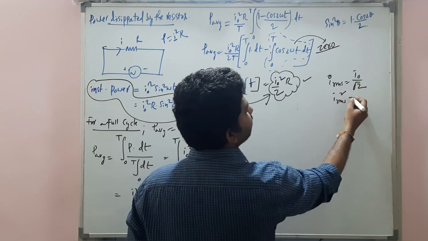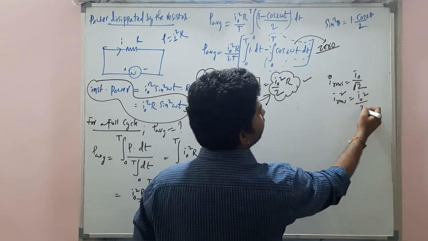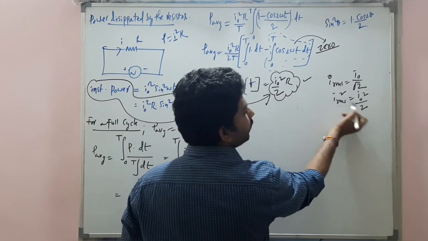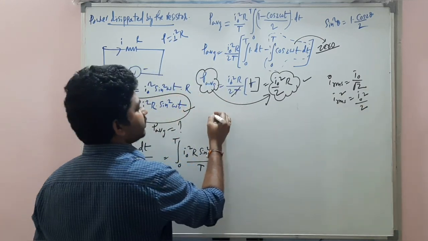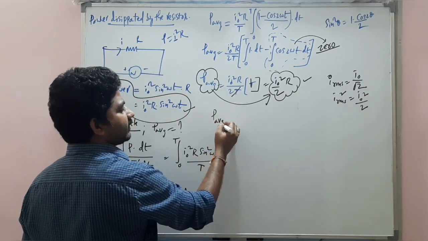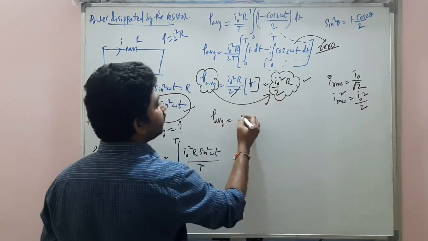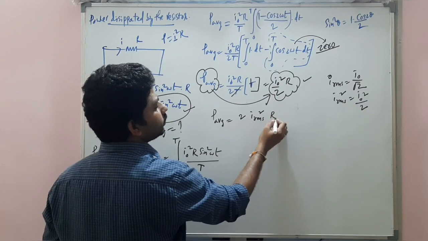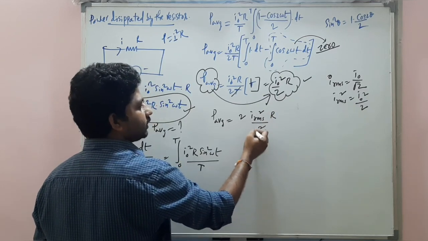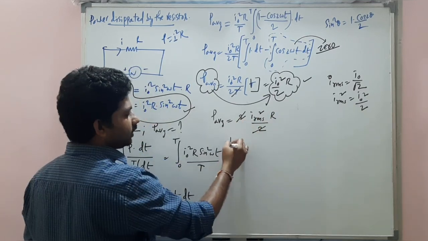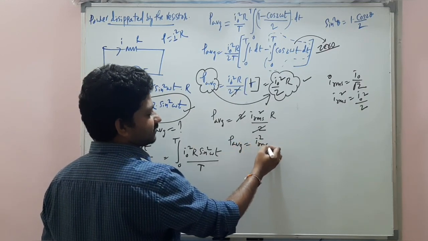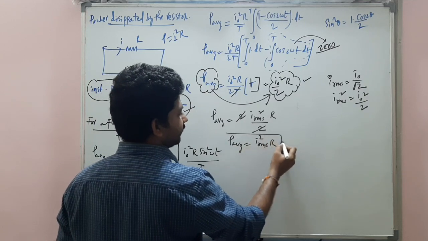IRMS square is equal to I naught square by 2. Right? So what is I naught square? 2 into IRMS square. So I am writing average power is equal to 2 into IRMS square into R divided by 2. So look at here. Average value of the power is IRMS square R. Understand?